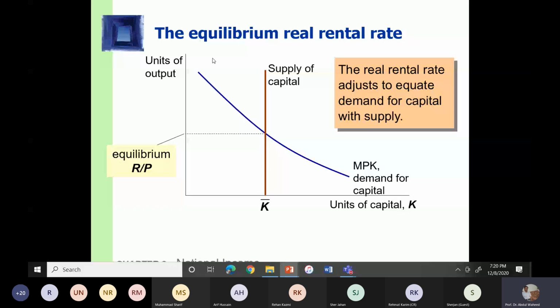So the capital market would determine the equilibrium rental rate.